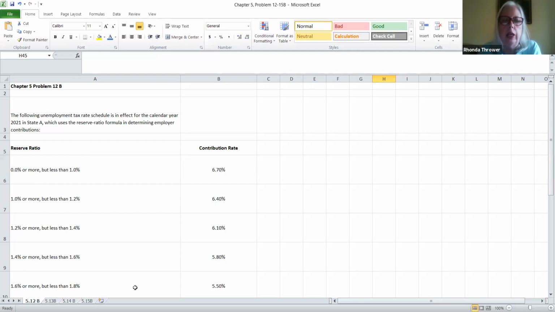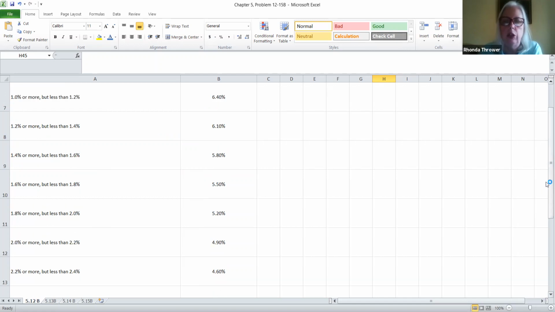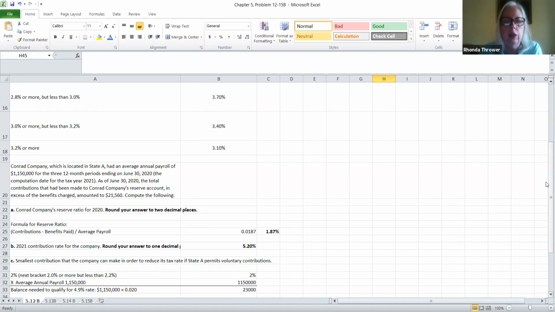This table is given to you to help you determine how to calculate the SUTA tax rate for your company. And so they've given you this table right here that we're going to use in just a minute.